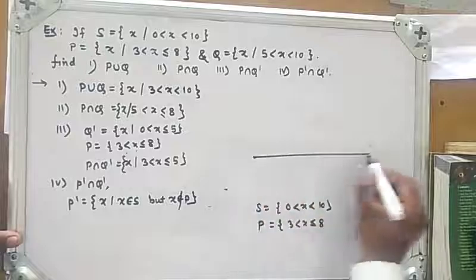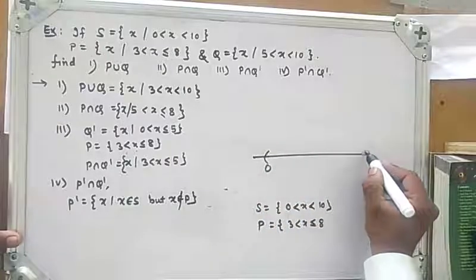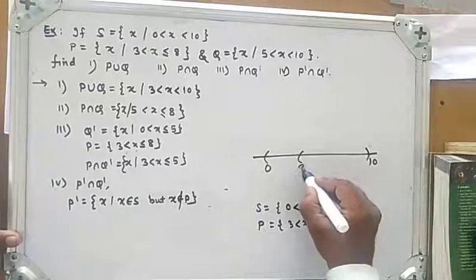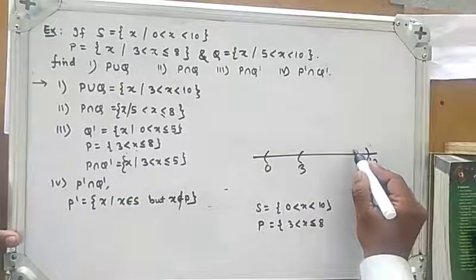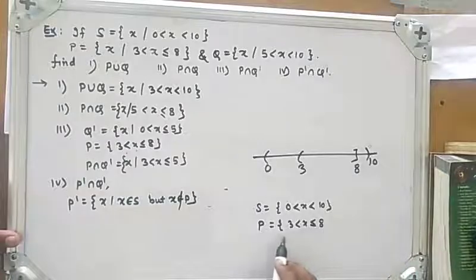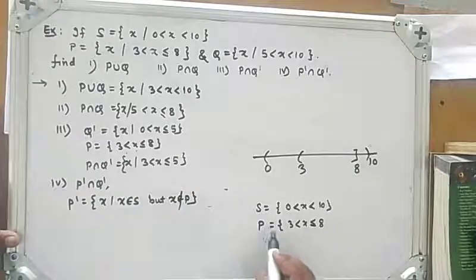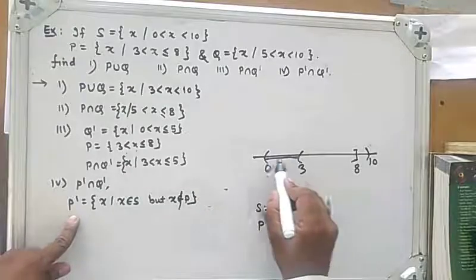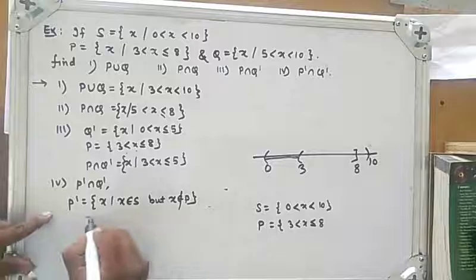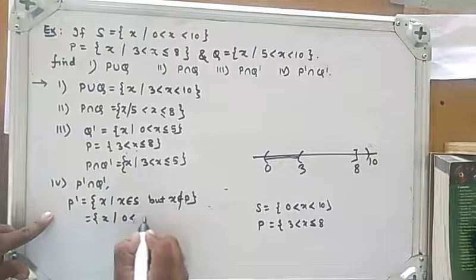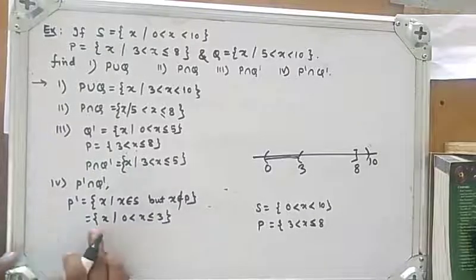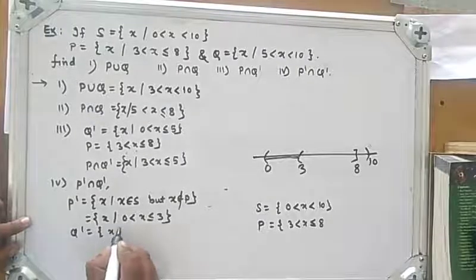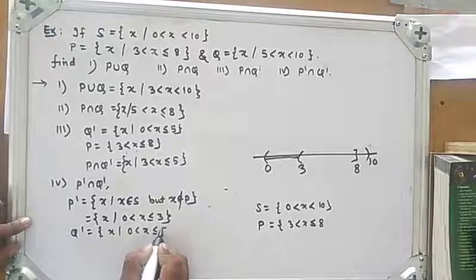So this is sample space S, 0 to 10, and here P is 3 to 8, a closed interval. To find P complement, we take only the interval like this. So we get X such that 0 less than X less than or equal to 3 as the elements of P complement, and Q complement has X such that 0 less than X less than or equal to 5.